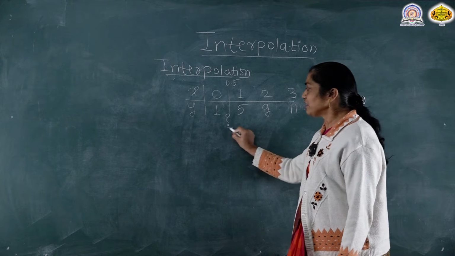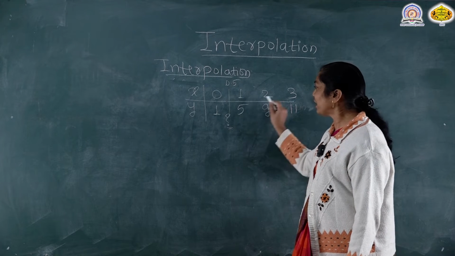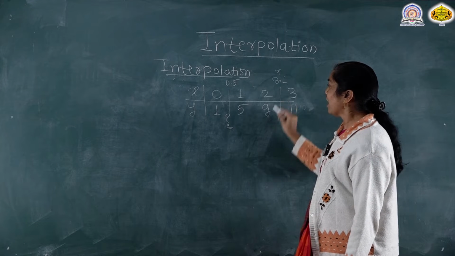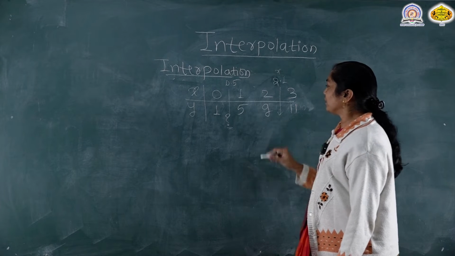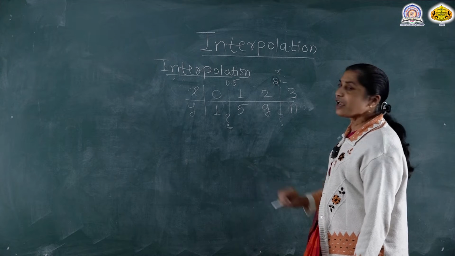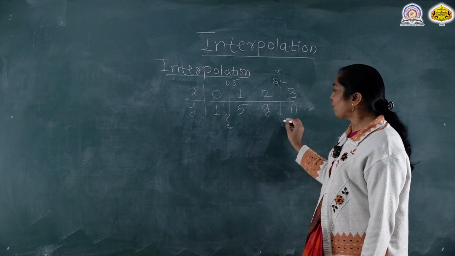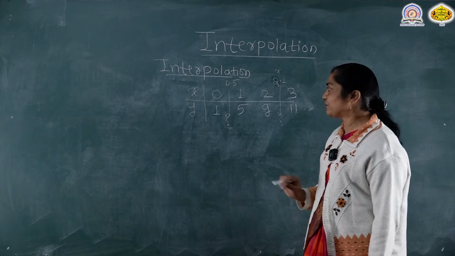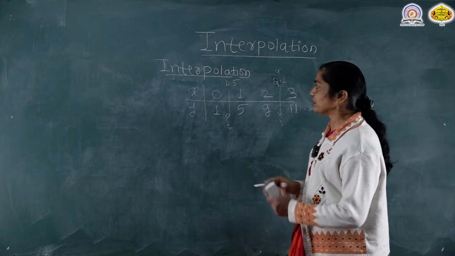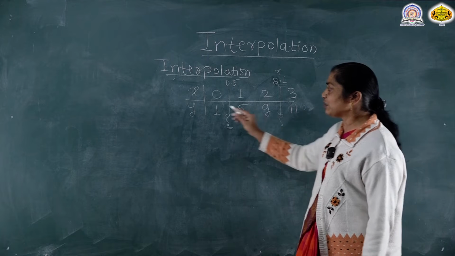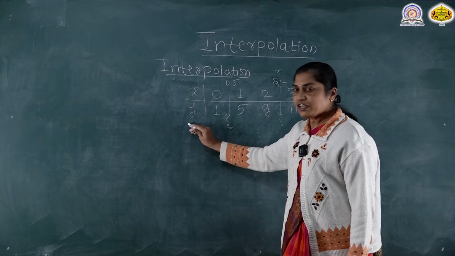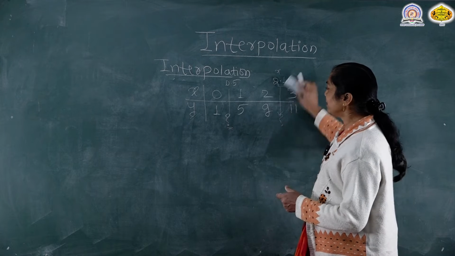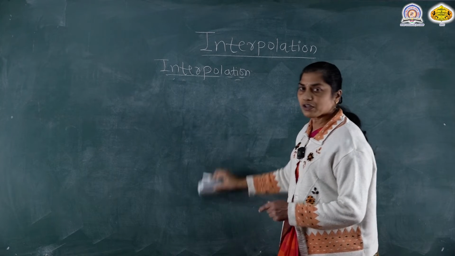This is known as interpolation. Or you can take any value, suppose x is equal to 2.1, and I want to find the value of y correspondingly. Then we are interpolating this. So, interpolation is nothing but finding the value of y in the given range of x at any x.